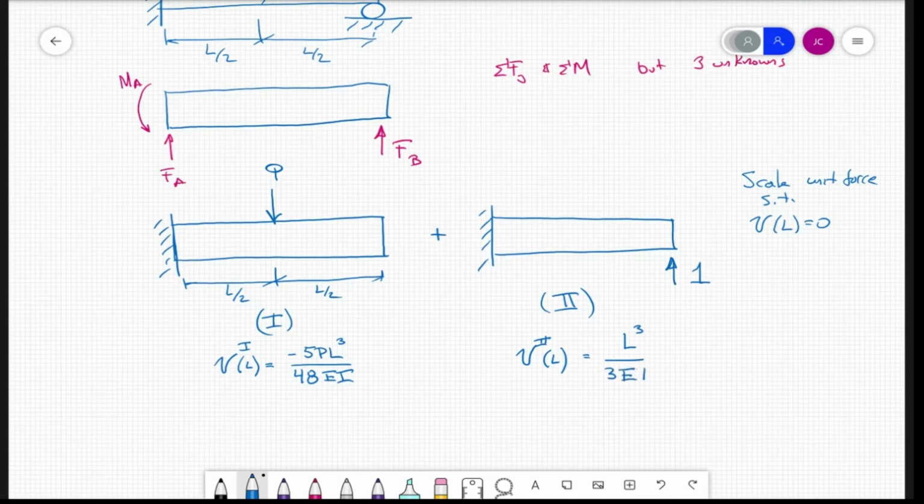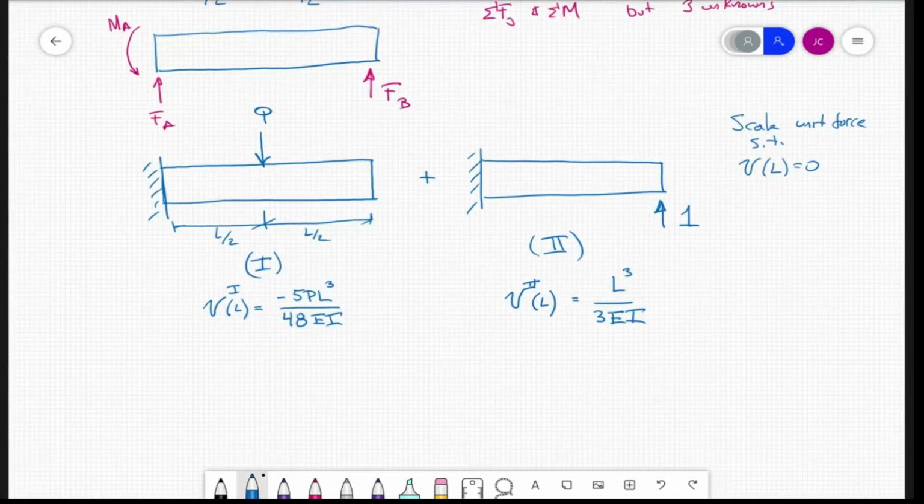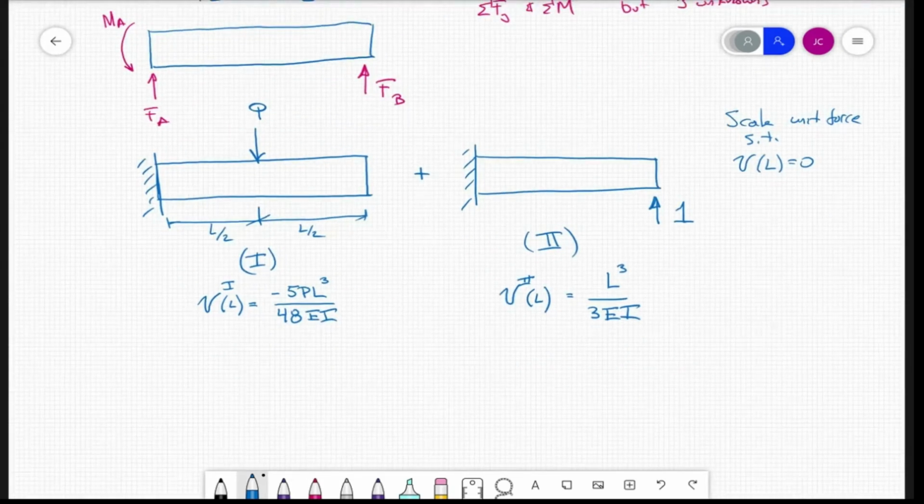All right. Okay. I would like this added to this to go to 0, right? So how do I get these? They're already opposite sign. So what do I multiply this by? What's the factor I multiply this deflection from the second case by so that it equals the first case?